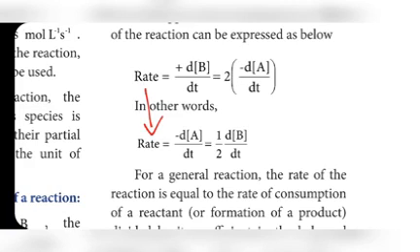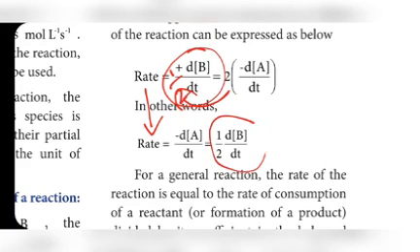Rate, if 2 comes this side means reciprocal. So 1 by 2. Rate is equal to, this 2 comes this side means you will get 1 by 2 dB by dt, that only given here. After moving the 2, you will having only minus dA by dt.